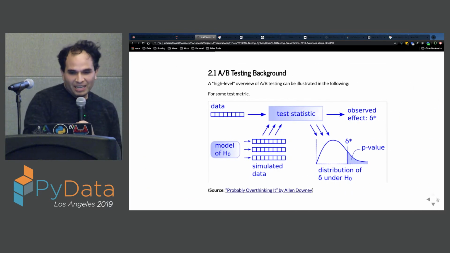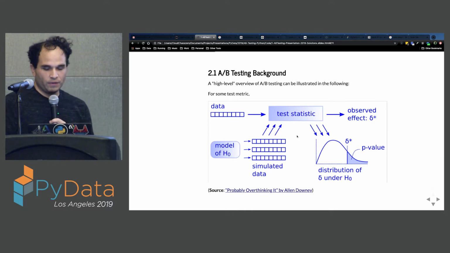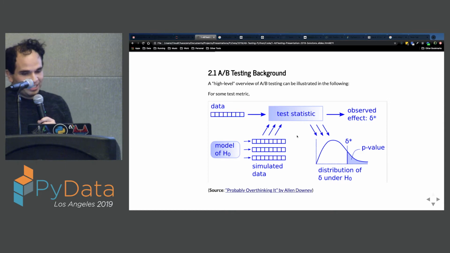Yeah. And then an overview of A/B testing in the abstract. I found this visualization very appealing by Allen Downey, from an article published in the 2000s called Probably Overthinking It. We have an initial null hypothesis, or assumption of indifference.